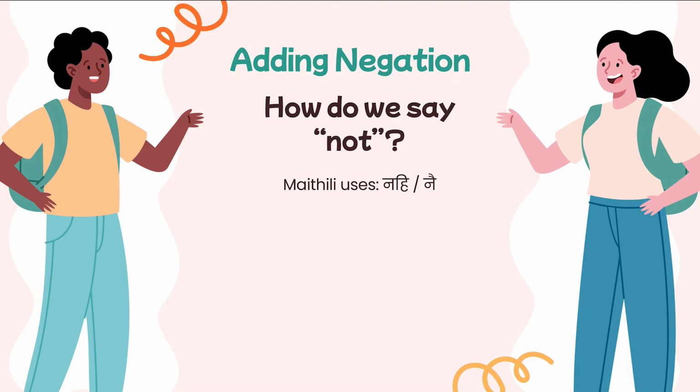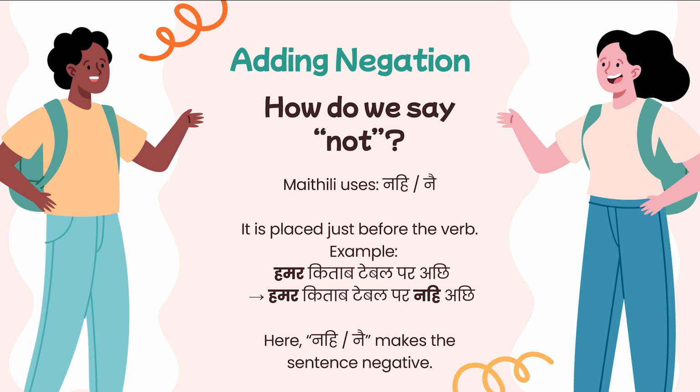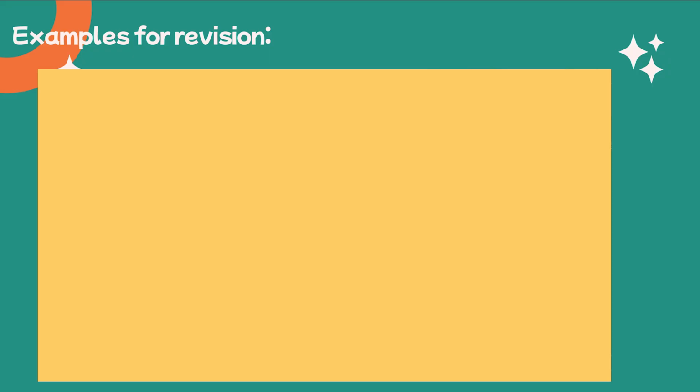We simply use nahi, as we had already discussed in the previous lessons. It is placed just before the verb. So हमर किताब टेबल पर अछि is a simple sentence, and if you negate it, it becomes हमर किताब टेबल पर नहीं अछि. Here nahi makes the sentence negative.